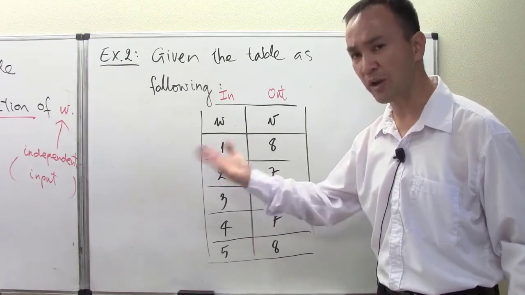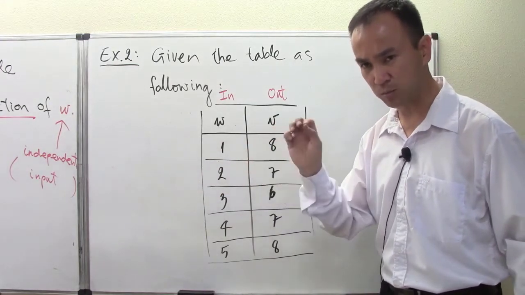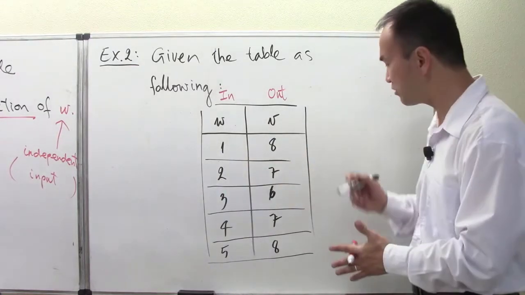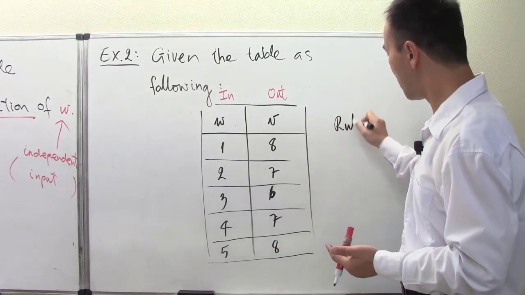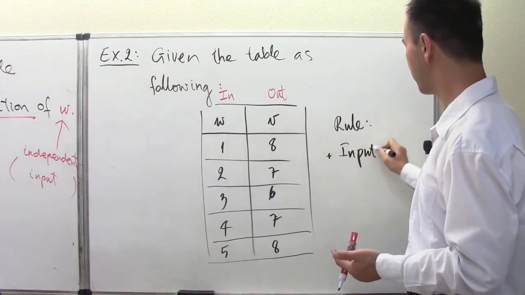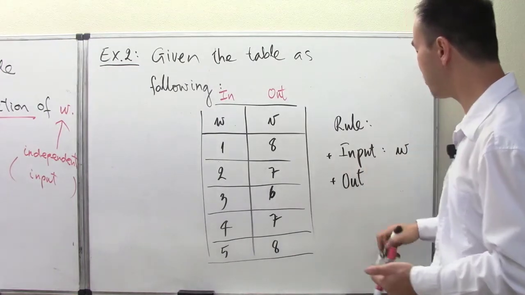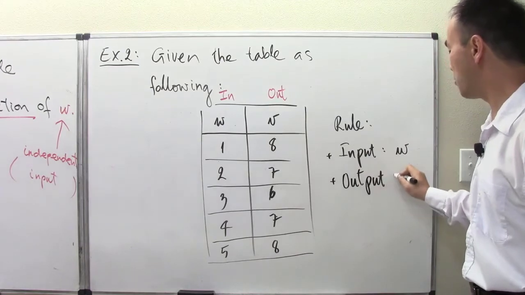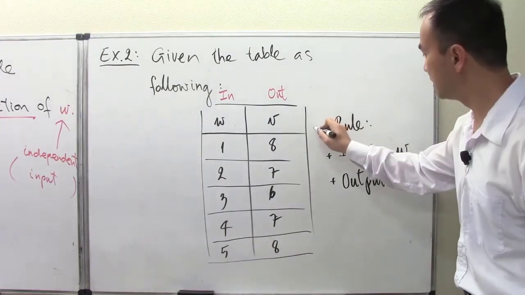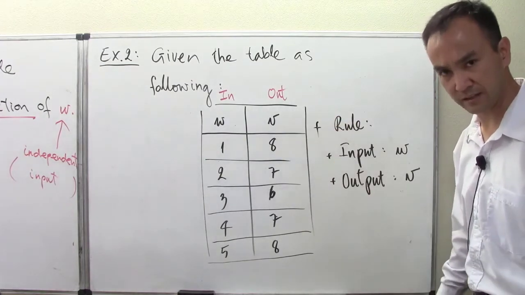We just know that there's a rule already that takes the inputs, the W variable, and lands each input into an output in the V variable. So there's a rule that takes an input into an output. That's easy.